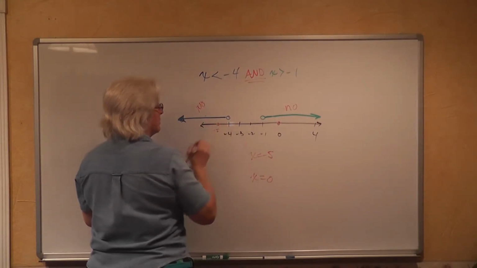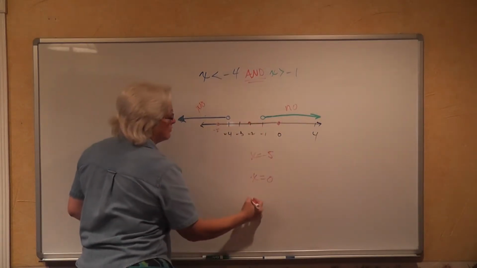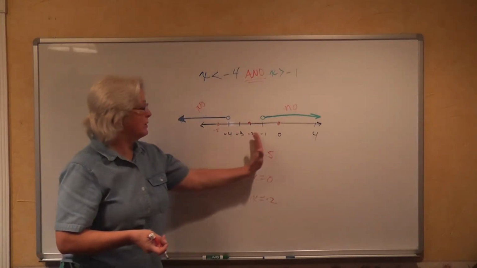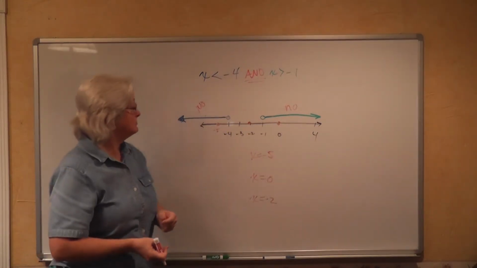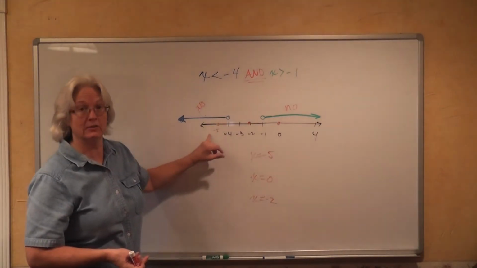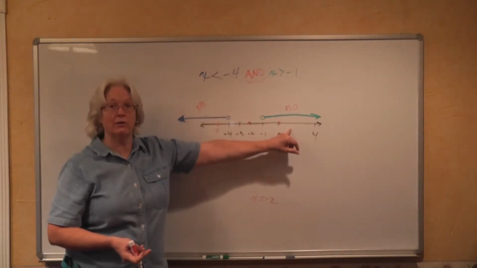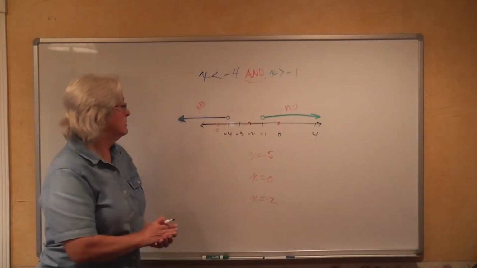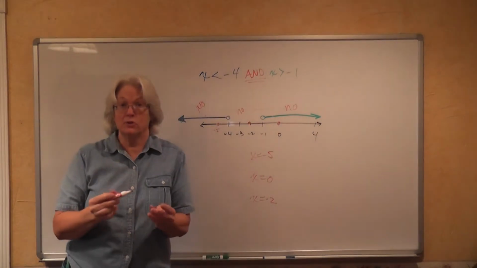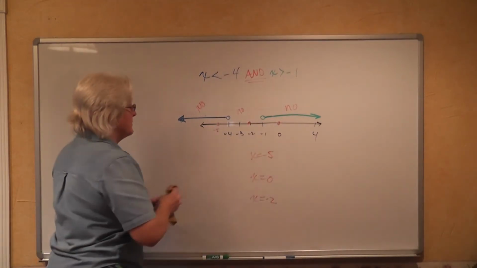Negative 5 doesn't work. Back here, what about negative 2? What if we said x was equal to negative 2? So we've picked a test point from all three areas here. Is negative 2 less than negative 4? Nope. Is negative 2 greater than negative 1? Nope. So there is no area of solution here if this is a conjunction, if we have to meet both of them.